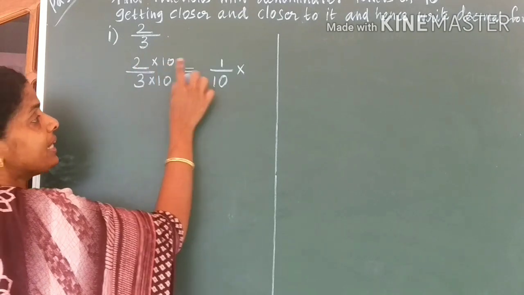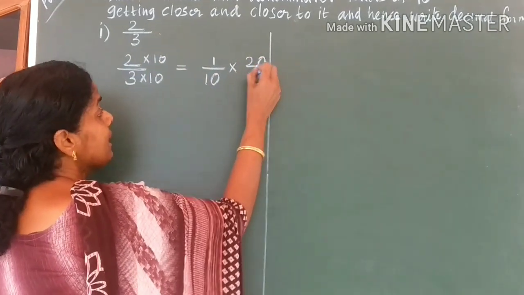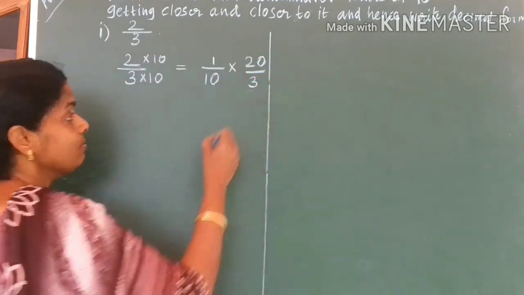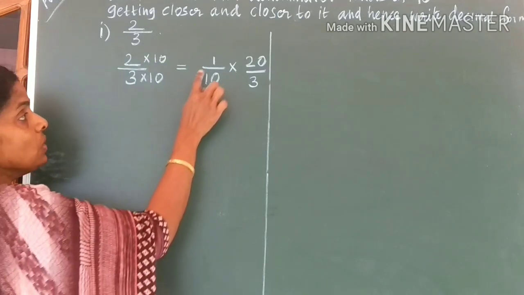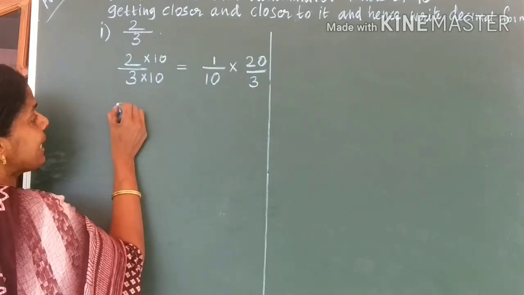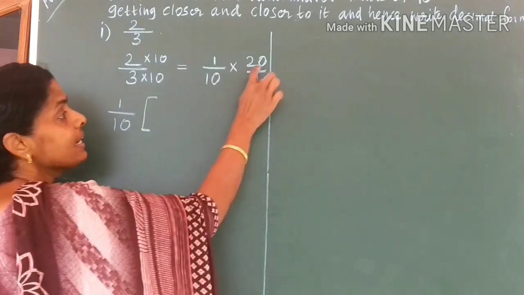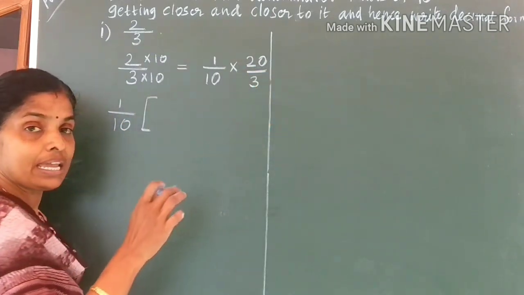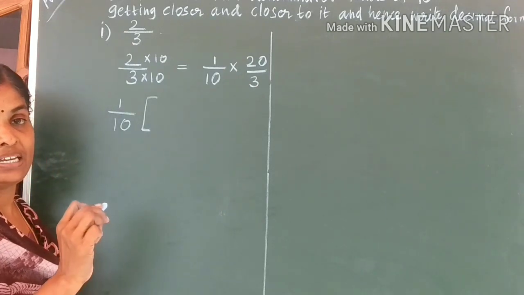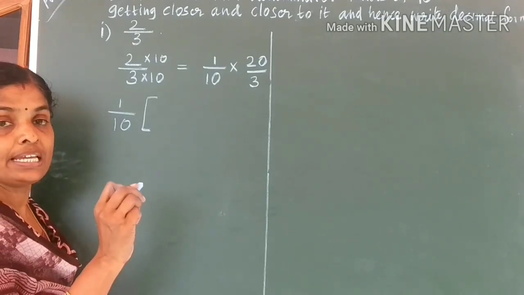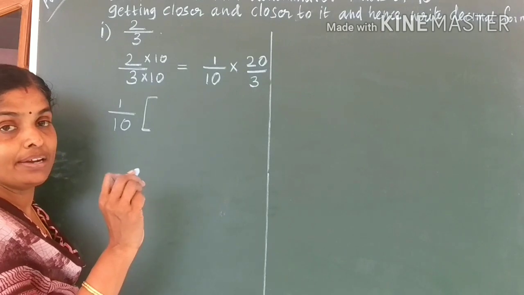Now 2 into 10 gives you 20 divided by 3. Do you understand? Next step, we can write 1 by 10 within bracket. This 20 by 3 is an improper fraction. We can convert this into a mixed number, isn't it?